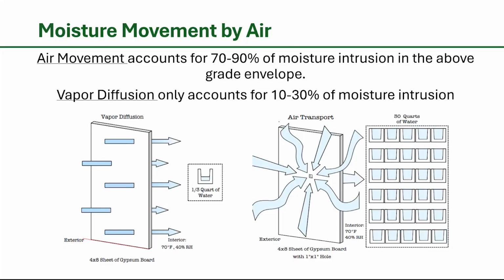And for fun, they cut a 1x1 hole in that gypsum wallboard and ended up with 30 quarts of water. So you can see how much water air transport can result in. Vapor diffusion is going to be relatively small, but once you have an air leak and you're subjected to an air pressure differential, you can move an awful lot of water through a very small hole.